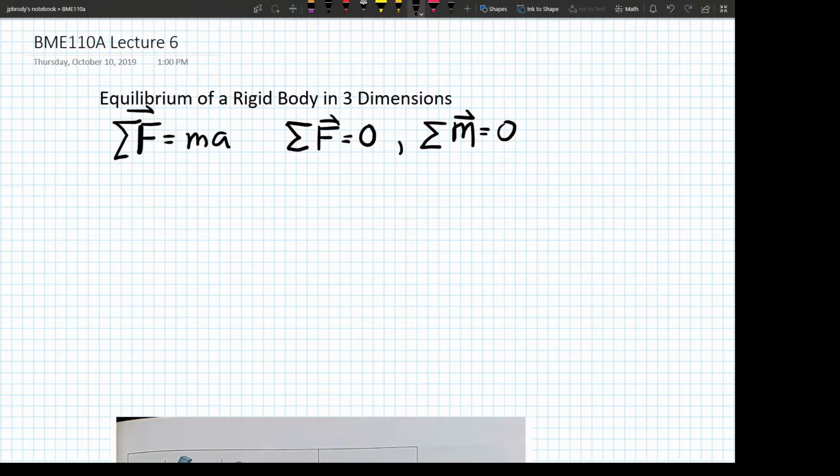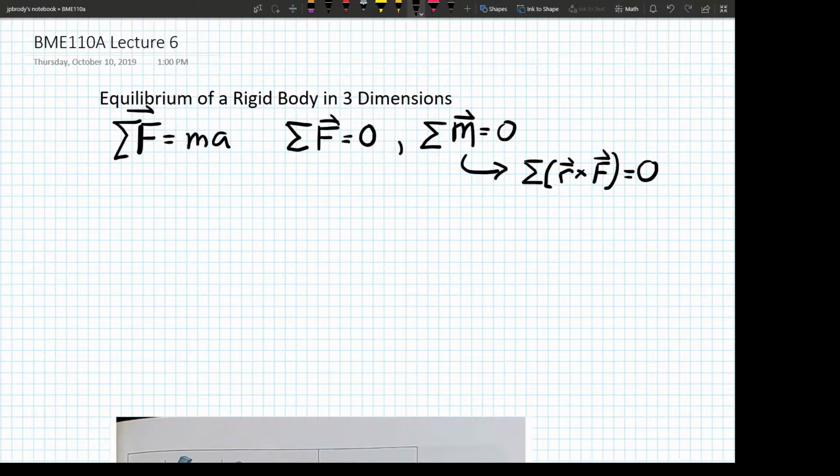And remember, these moments are given by the R cross F. So the moment is R cross F, so we take the sum for each force, R cross F, from any point, and that has to equal 0 also.